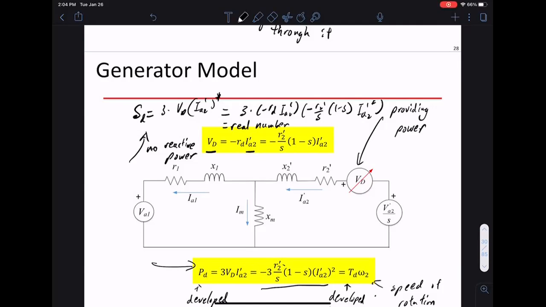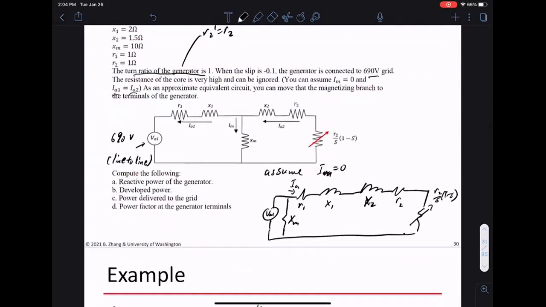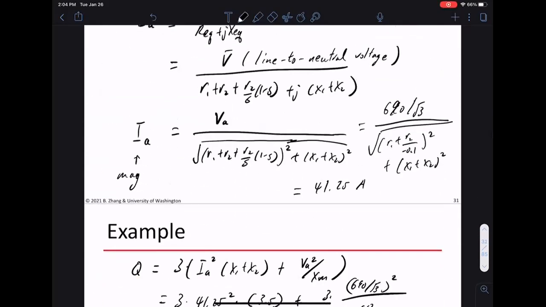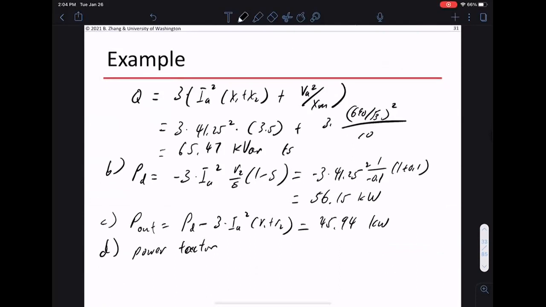So then it's right. All the reactive power needed is basically supplied by the grid. Okay, this whole thing is supplied by the grid.